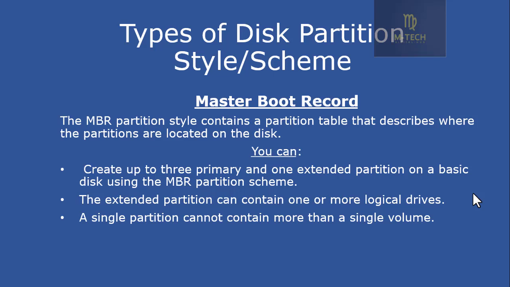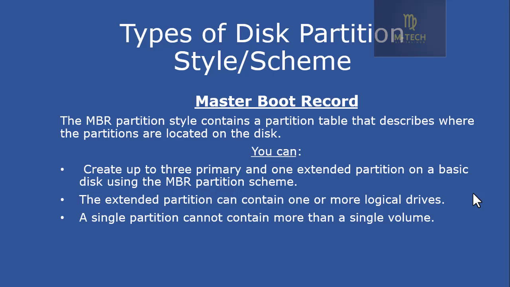So if your hard drive is basic, that is the configuration status, and you want to do partitioning, and you apply master boot record, in this case, these are the things that you can do. You can only create 3 primary partitions and 1 extended partition. You get it? So one basic hard drive, which is in your computer.